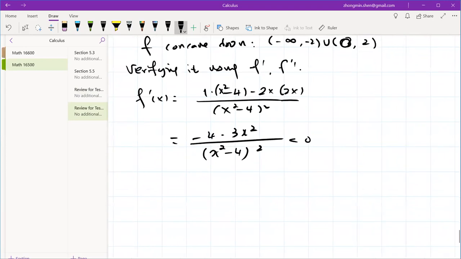This is always negative, except where the function is not defined, at x equals plus minus 2. So that's it.